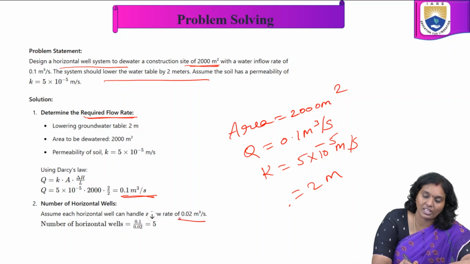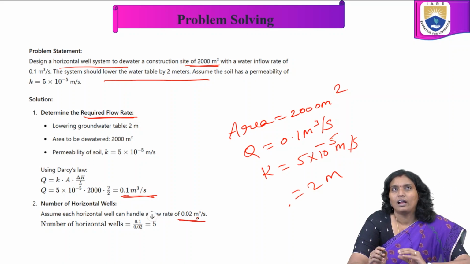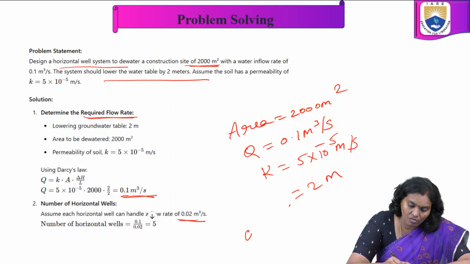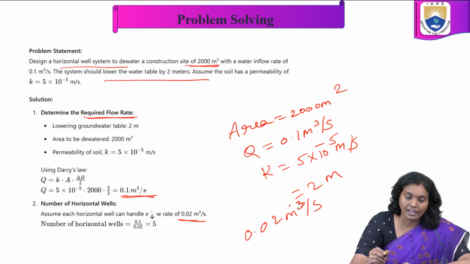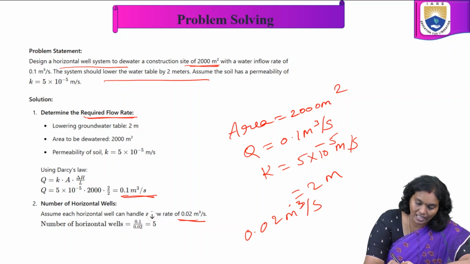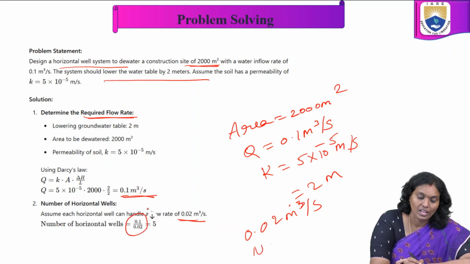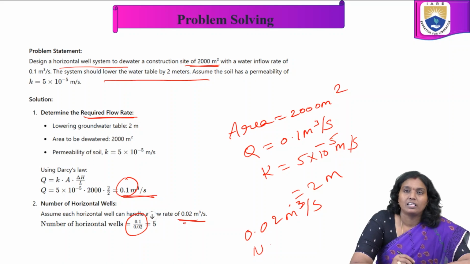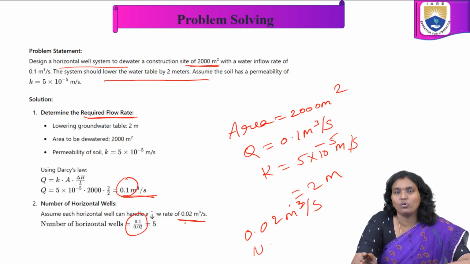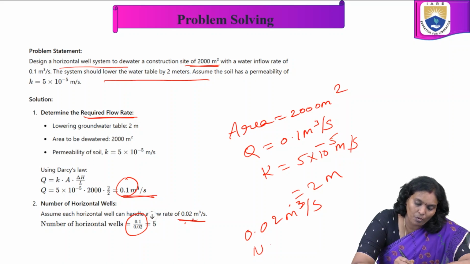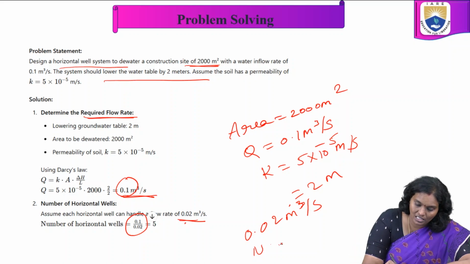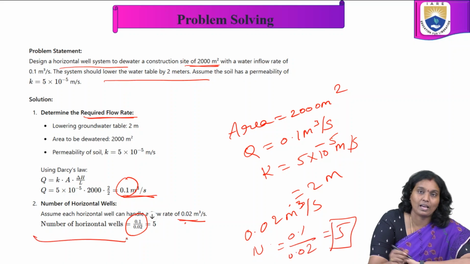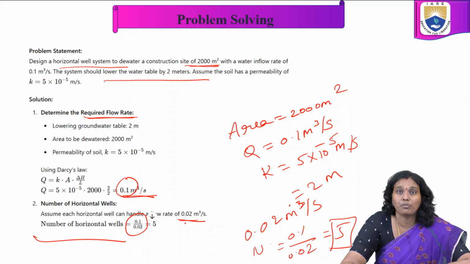We are going to assume each well is going to bear 0.02 meter cube per second. So the number of horizontal wells is equal to the actual flow rate, 0.1 meter cube per second, divided by what each horizontal well is going to handle, 0.02 meter cube per second. So n is equal to 0.1 by 0.02, that is equal to 5. So it requires 5 horizontal wells. This is the problem statement.